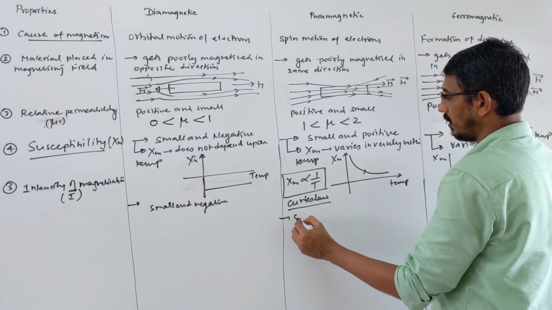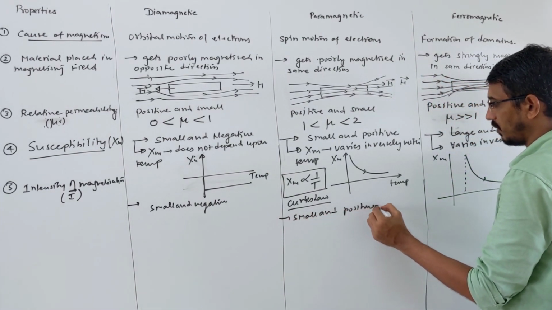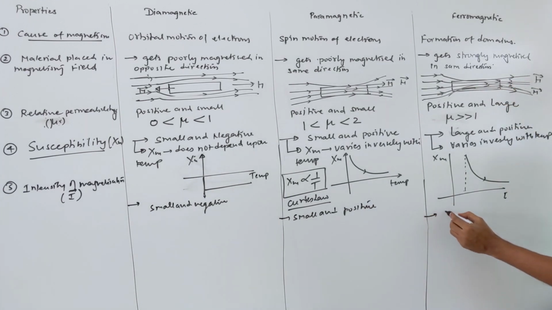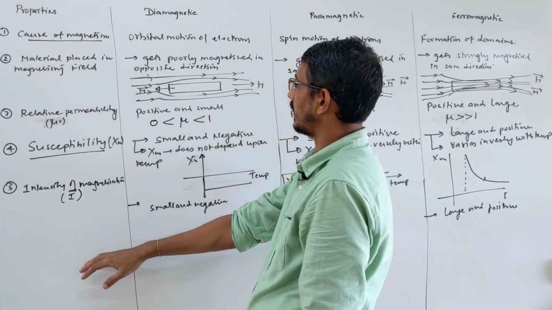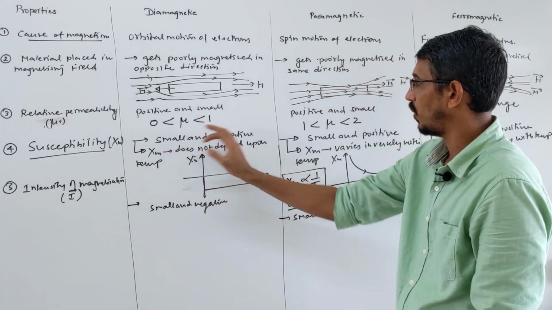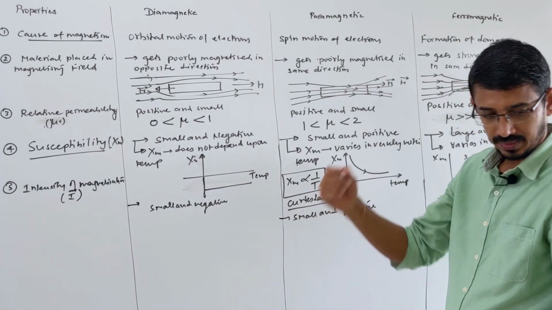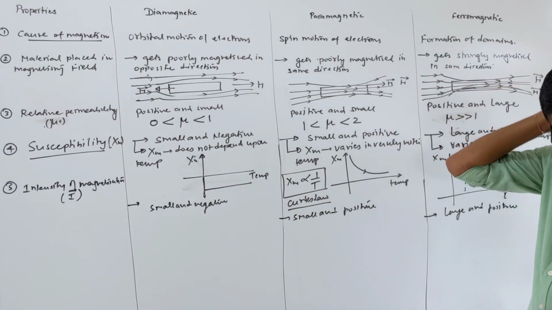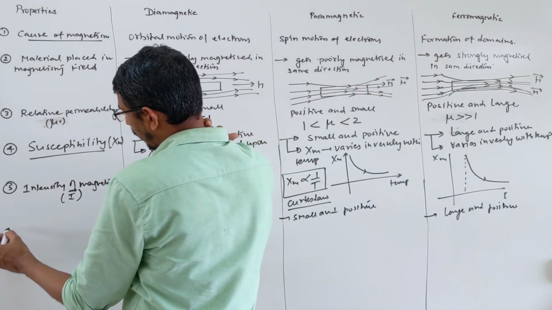For this material, small and positive. For this material, large and positive. Correct? Yes. Intensity of magnetization is the same as susceptibility order, right? Small negative, small positive, and large. Same order here also, right? No problem. Okay. Yes. Then the sixth property you want to talk about.